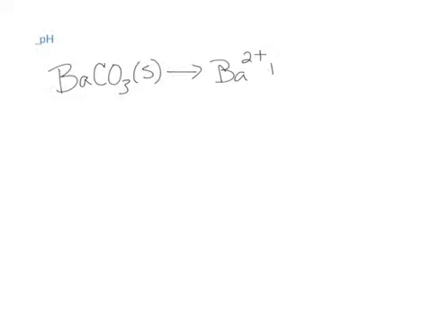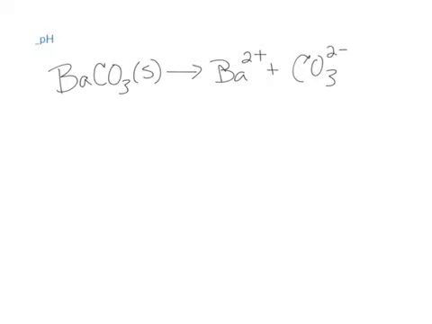So let's look at a compound now that does not have the hydroxide ion in it. Let's look at barium carbonate. Now if we were to put barium carbonate into water, we'd get barium 2 plus and then the carbonate ion to some degree.